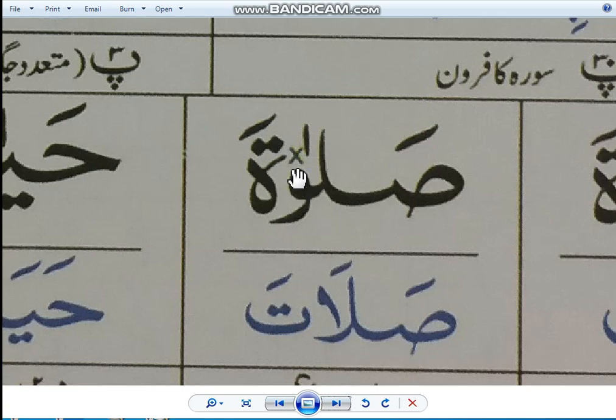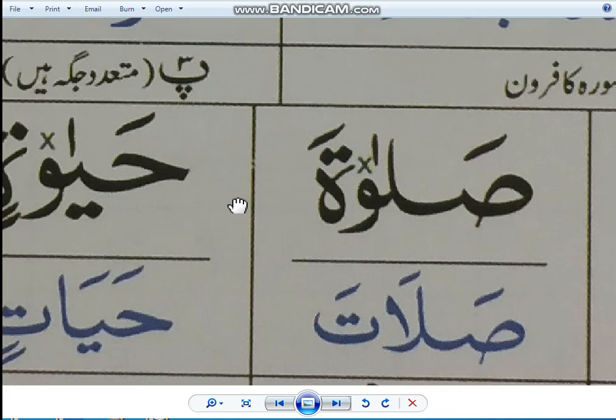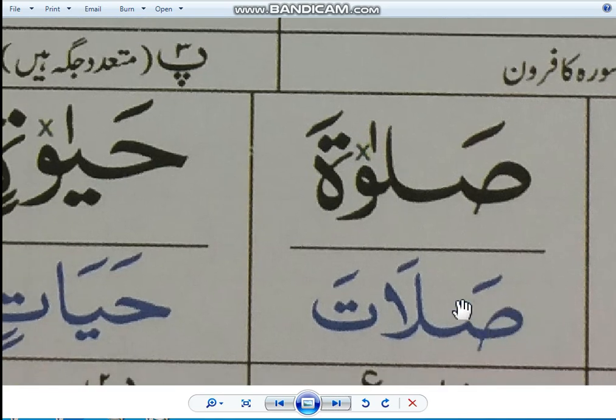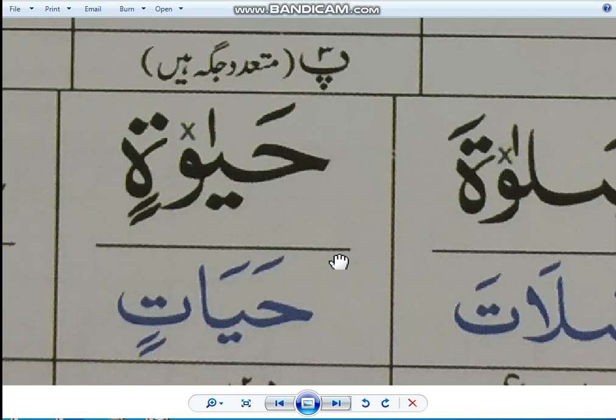So this waw with that alif on top is just a mad letter. So you read the lam with that standing alif as a, so salata, and you skip the waw. So this is how you read it.